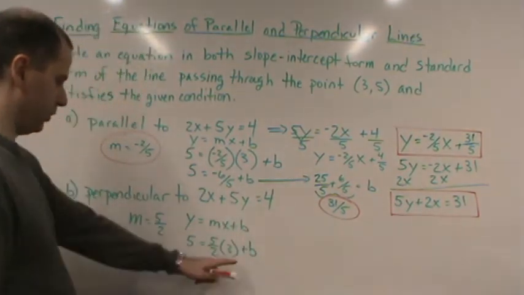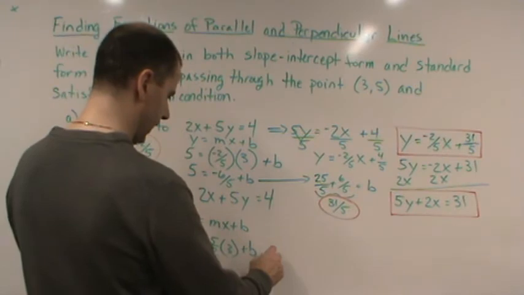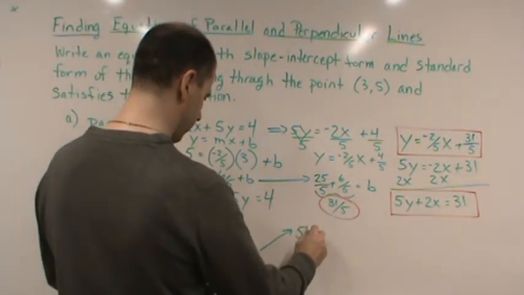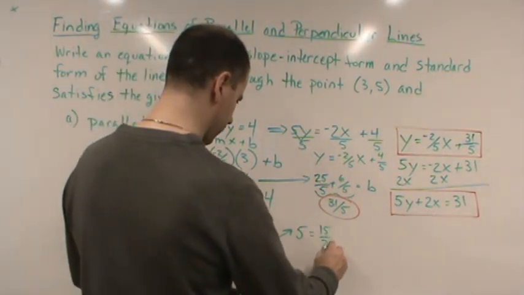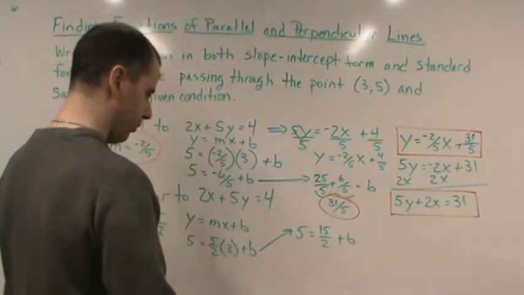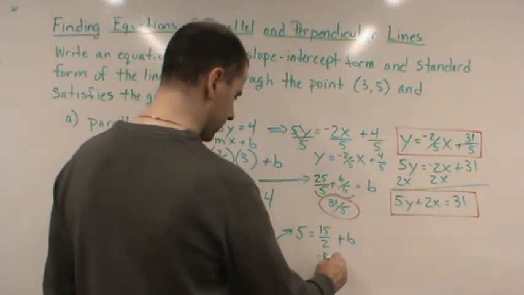Okay, and now all we're doing is solving for the y-intercept. So again, we're going to get 5 equals 15/2 plus b. Then we're going to subtract 15/2 from both sides.